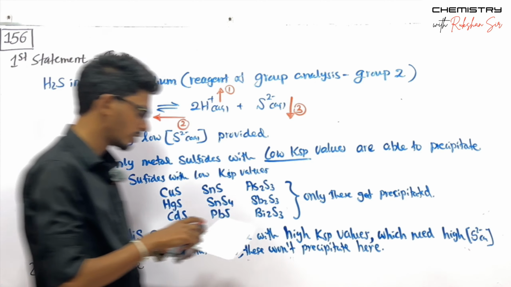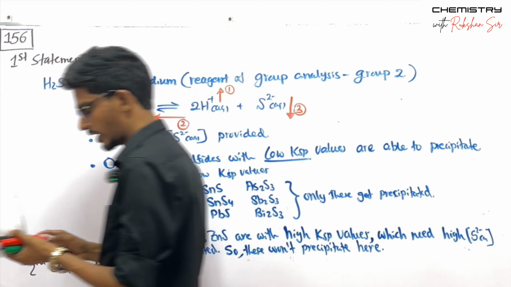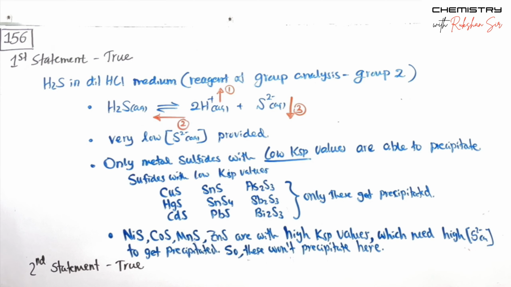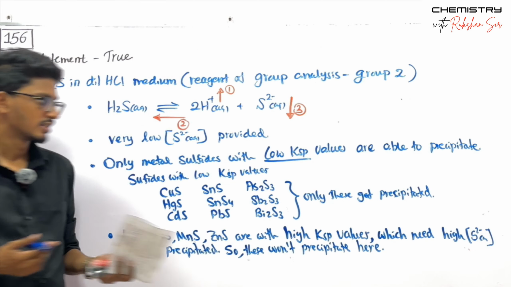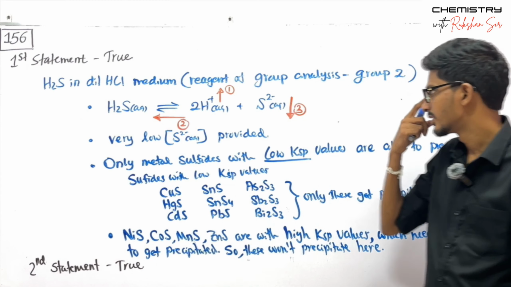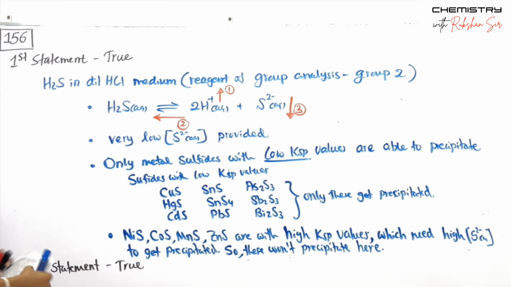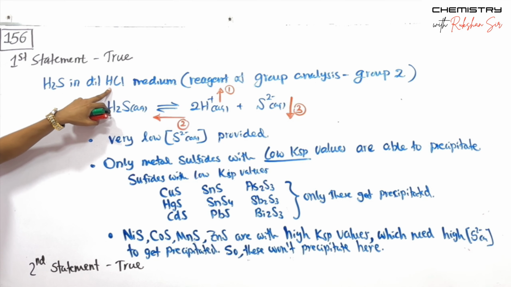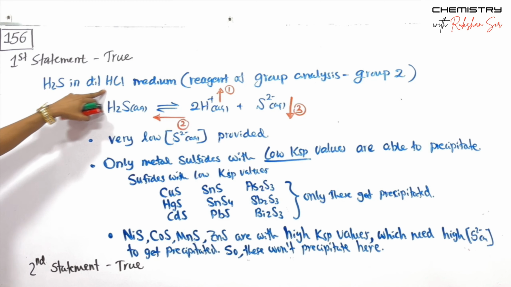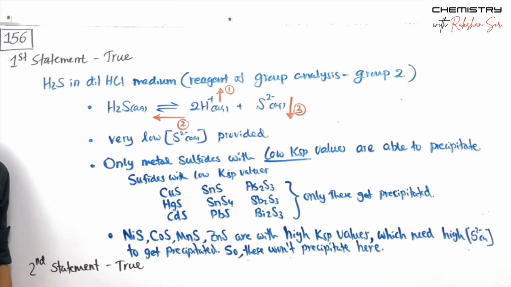Metal sulfides will dissolve in HCl, right? So if you add a sufficient amount of acid, the sulfides will dissolve. Remember, in this situation they are adding HCl at a considerable concentration, so a sufficient amount of H plus is provided.